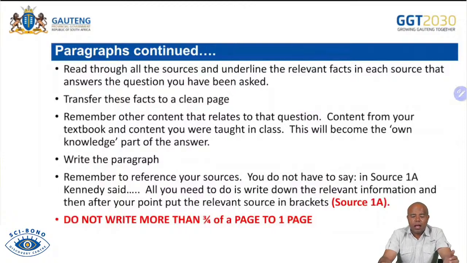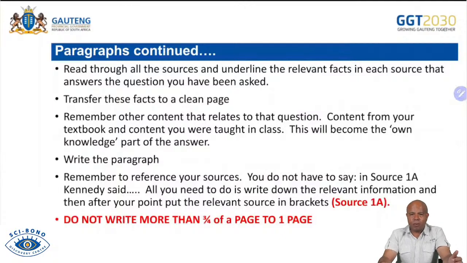Then what we need to remember, learners, is that the content must relate to the question when you answer it. Take note, the content from your textbook and the content you were taught. This is what we talk about when we talk about own knowledge. It's content from the textbook and what you have been taught. This will become now your own knowledge.